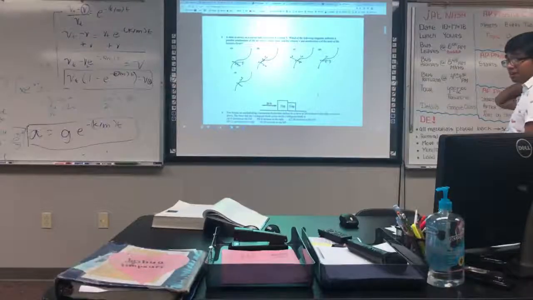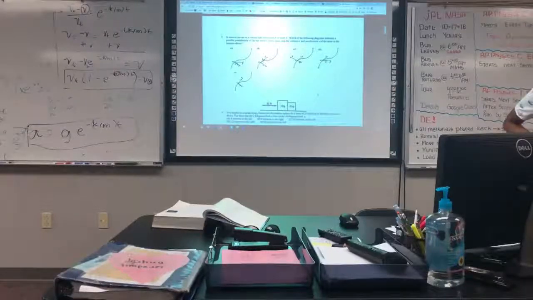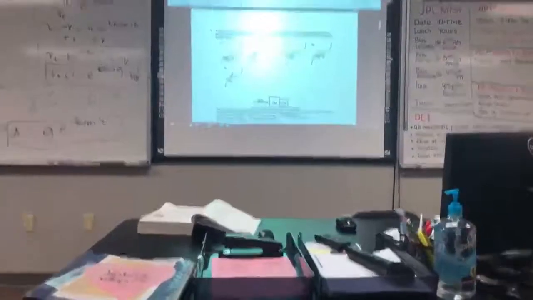So kind of think back to last week. I'm just showing you why you actually went over things last week. What's the answer? Has everyone had the chance to try this?